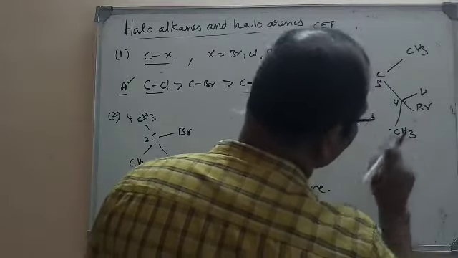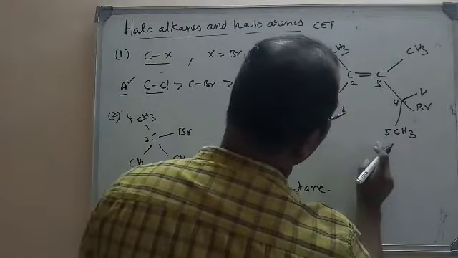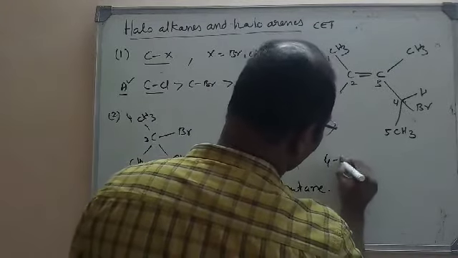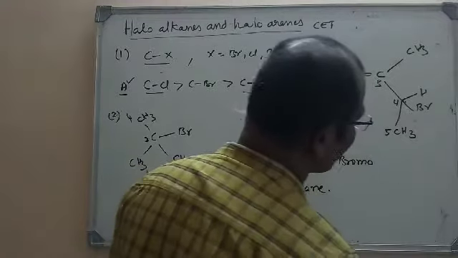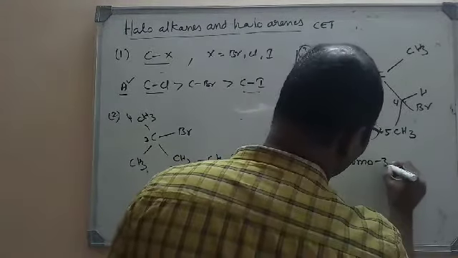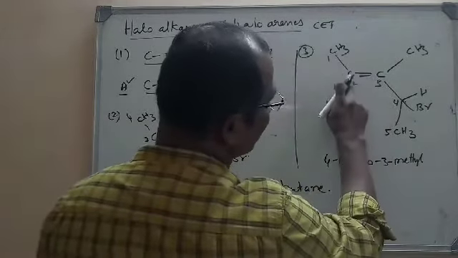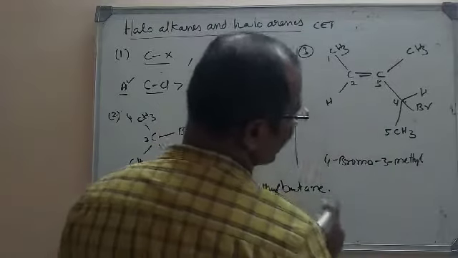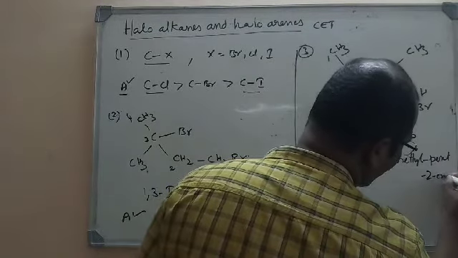One more substituent is on the fourth position, so 4-bromo, because bromine is on the fourth carbon. On the third carbon we have methyl substitution, 3-methyl, and the double bond is at the second carbon, so it is pent-2-ene.